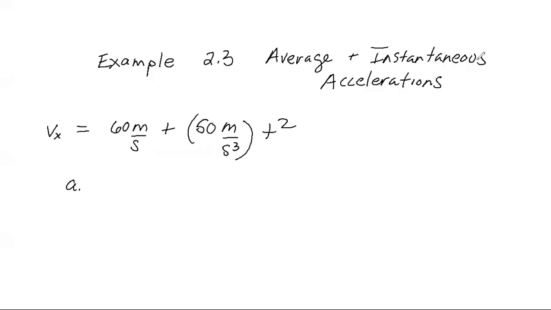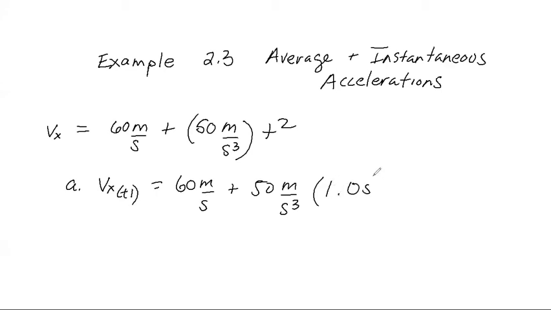Okay, so question A. Find the change in the x velocity of the car in the time interval from t1 to t2. So we will find v sub x at t1 equals 60 meters per second plus 50 meters per second cubed times 1.0 seconds squared. Oh, this is 0.5, I'm sorry.